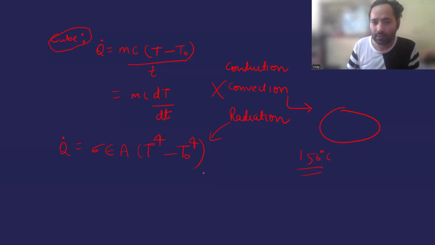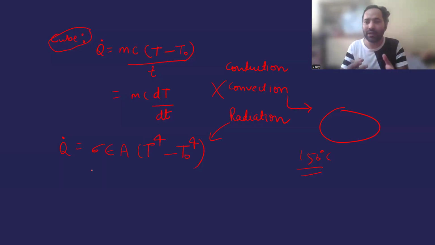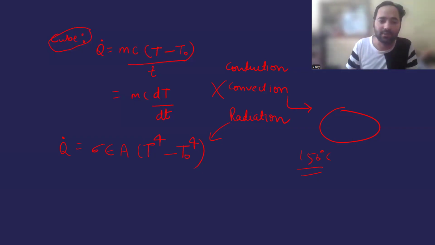Isn't it? This comes in watt, right? You can also understand from the units in these exams that this is watt, and this mC delta T is not watt. It's just joule. So mC delta T upon dt you have to do. So both should be equal. Whatever energy you have, it will try to dissipate. It will try to go to the surrounding atmosphere.